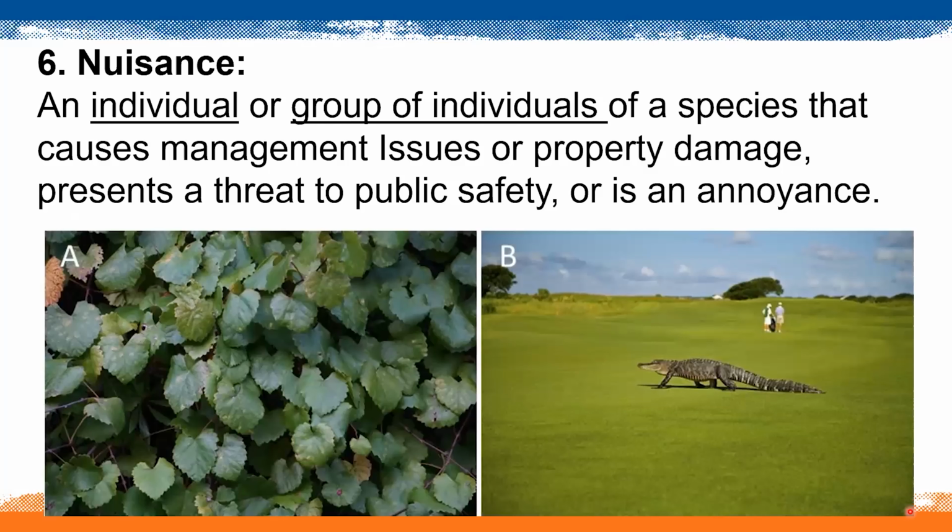Here are a couple of examples. On the left, we have some species of grapevine, Vitis, or however you pronounce the genus term, sorry. This is a native plant of Florida, growing in the correct location in the middle of a forest. Say it grows on one tree that's dying in the forest.